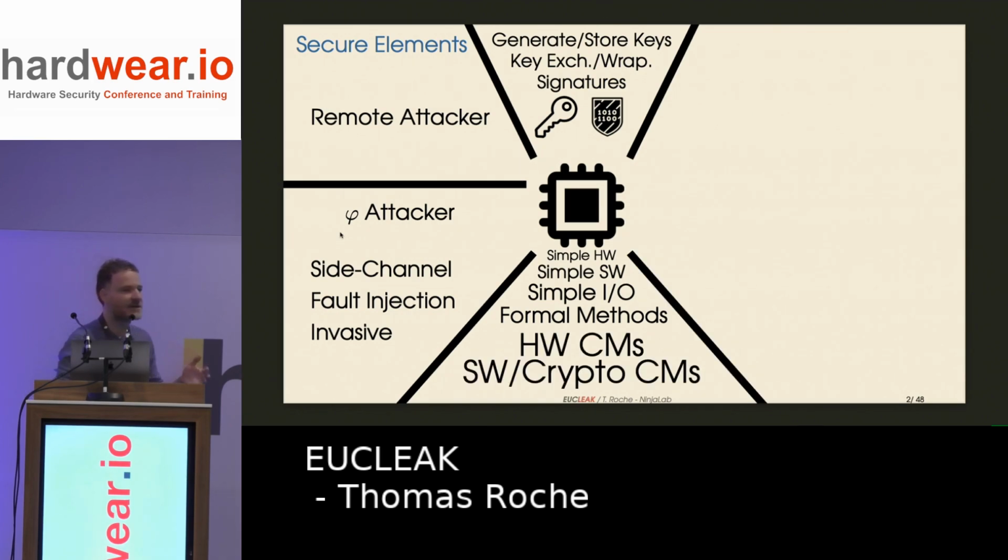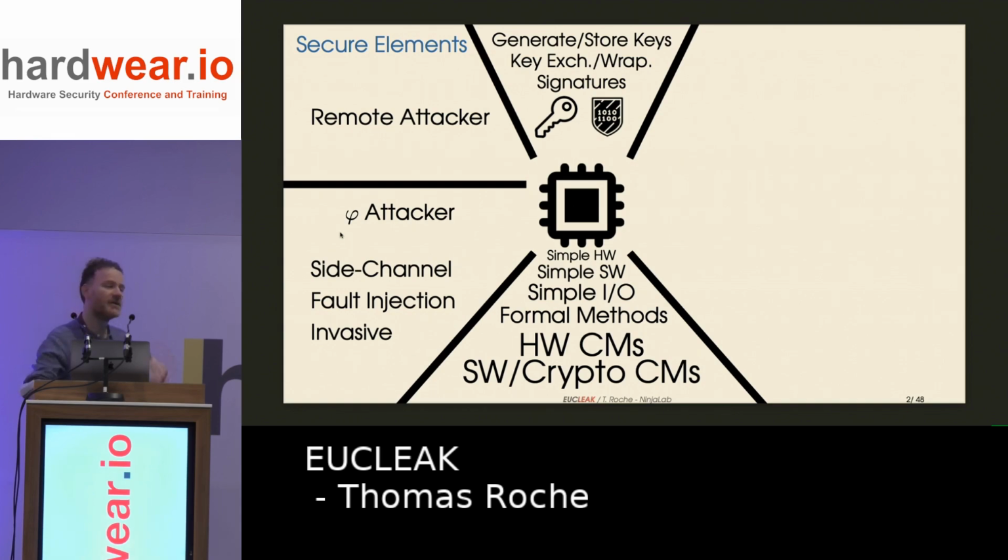For a physical attacker, you need to develop specific hardware countermeasures and layers of security that you add up to get robust. You also need countermeasures at the software level and at the cryptographic primitive level.